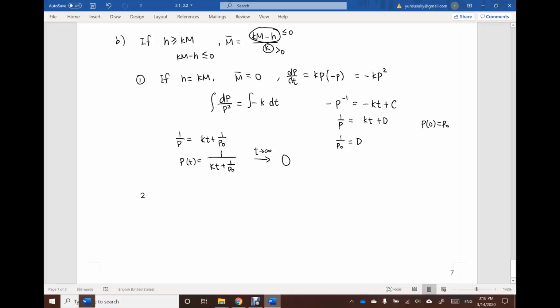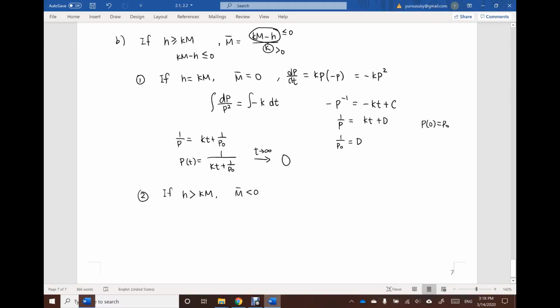Alright, second case. If h is greater than km, then our m hat is actually negative, right? We can still use the formula of the logistic model, because when we derived the formula, we didn't require m to be positive.